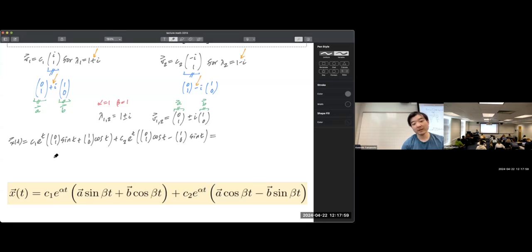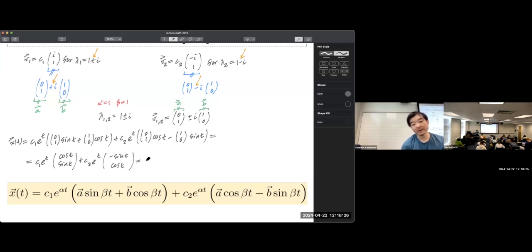And if you actually wrote this out, noticing that the terms inside these parentheses are just C1 e to the t times cosine of t, sine of t, and then this one's C2 e to the t times negative sine of t, cosine of t.